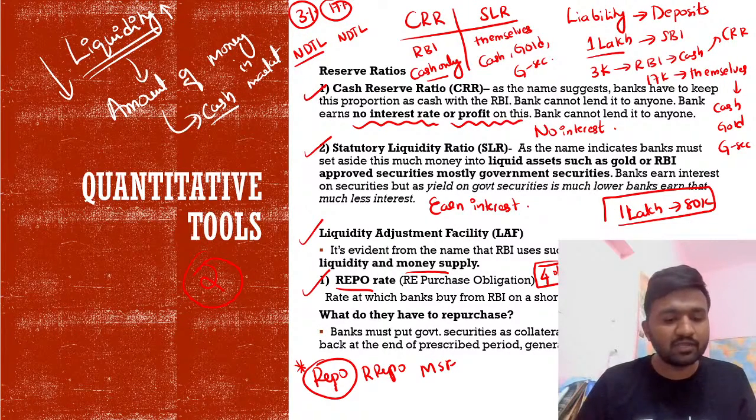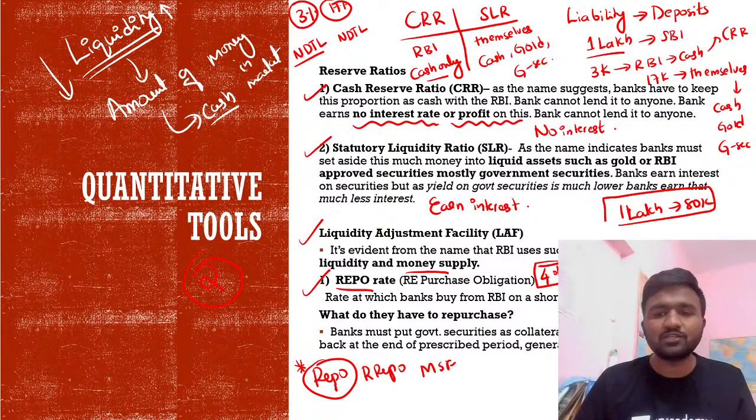What does that mean? If a bank takes a loan of 1 crore from RBI, it should pay interest of 4%. The 4% of 1 crore is 4 lakh, which they should pay as interest.